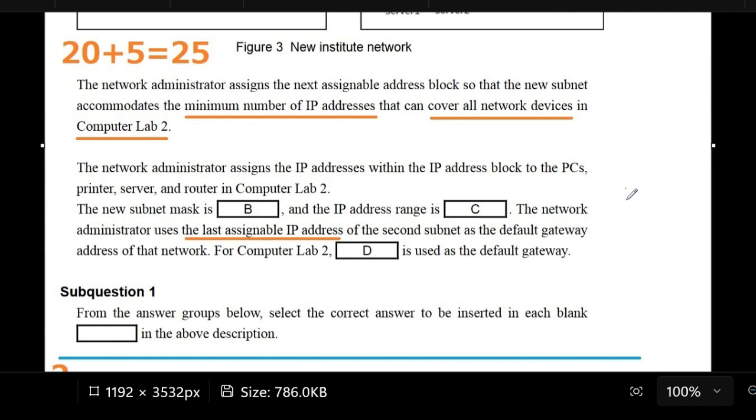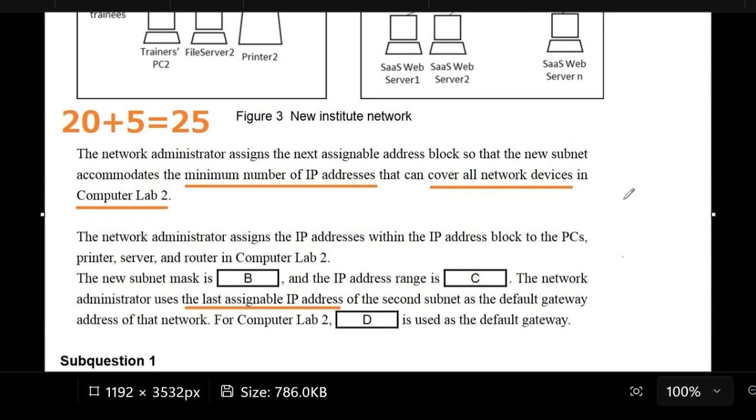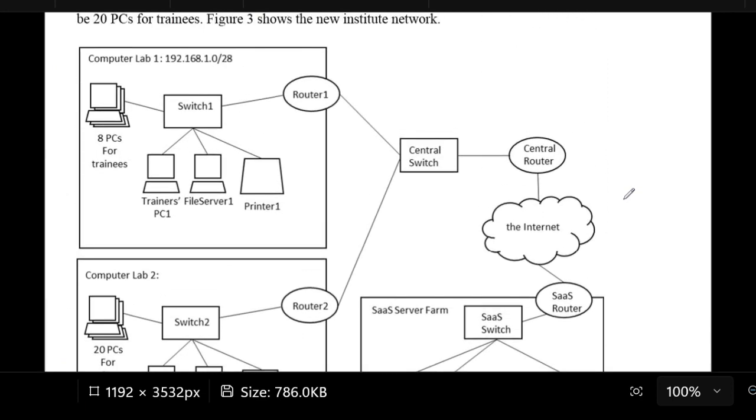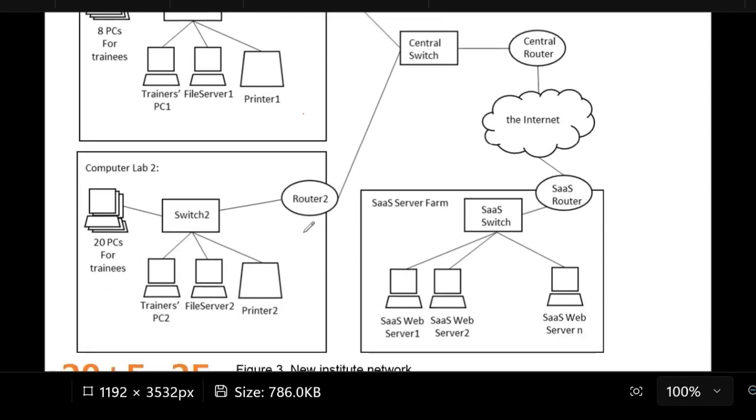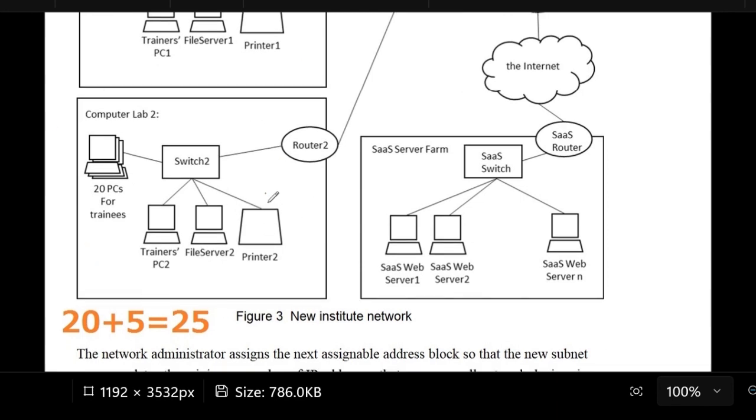We need to also understand that we do have a diagram, and the diagram is saying that previously we had only one computer lab, but now we do have another one, and what we want to do is to also know the numbers regarding the computer lab number 2.